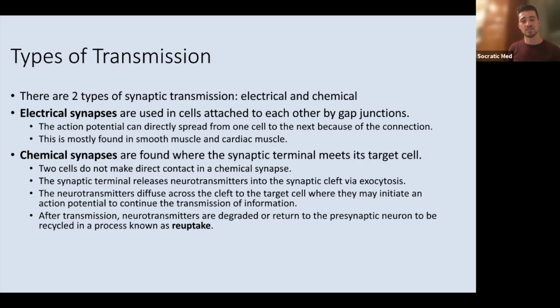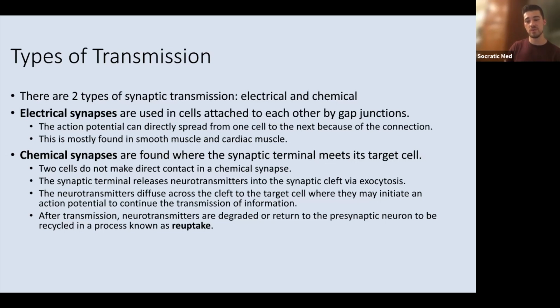So that electrical signal is converted into a chemical signal, it crosses over the synaptic cleft, and then it is again turned into an electrical signal to travel down the axon of the second neuron. The synaptic terminal releases the neurotransmitters via exocytosis. What that means is that there are little vesicles inside the synaptic terminal that contain the neurotransmitter.